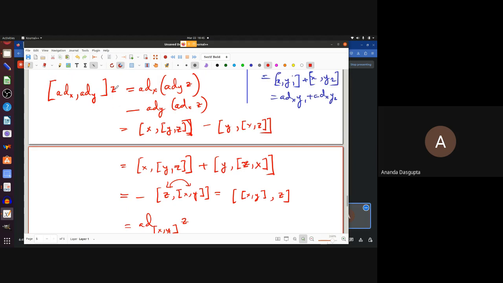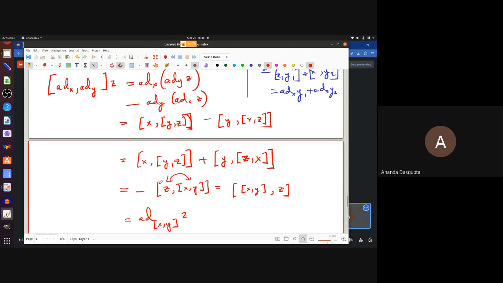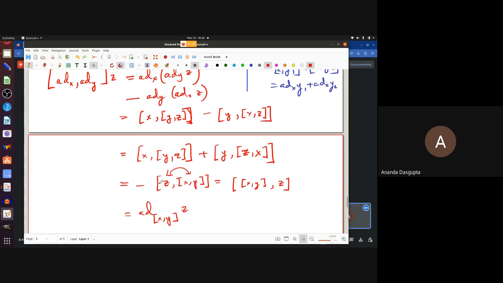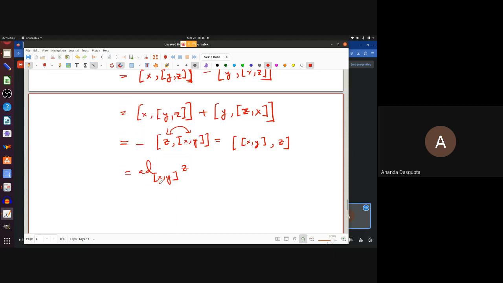No matter which Lie algebra element you pick, the commutator between ad X and ad Y is actually ad of the bracket. The commutator of ad X and ad Y is the ad of the bracket of X and Y. So even if the original bracket XY was not a commutator, but was any Lie bracket, it is being represented by this commutator operation. In other words, you always have this.